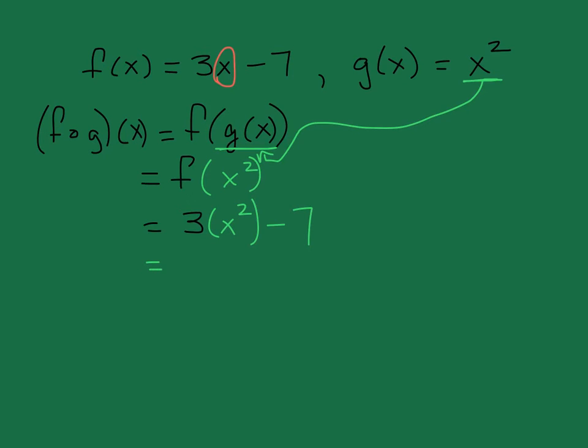And 3 times x squared is normally written without the parentheses, so I'll just clean that up at the last and have my final result here for f of g of x is 3x squared minus 7.